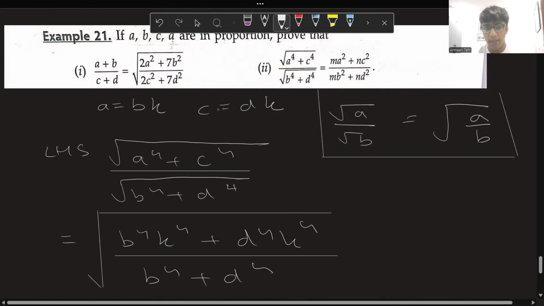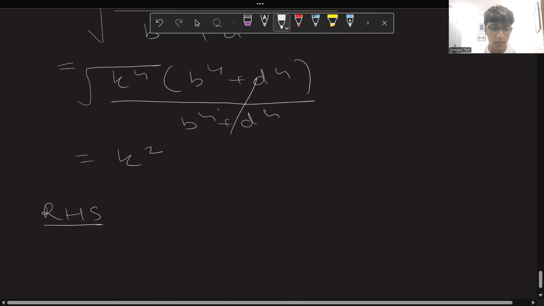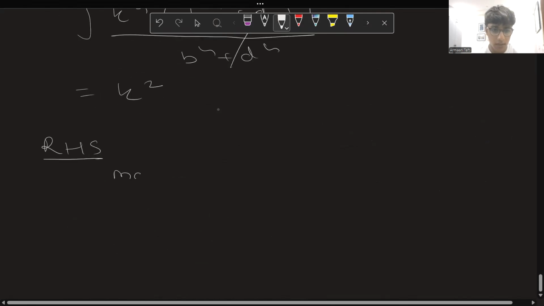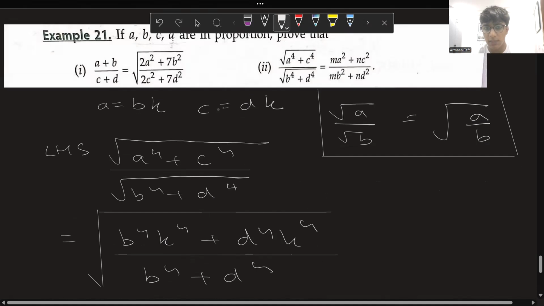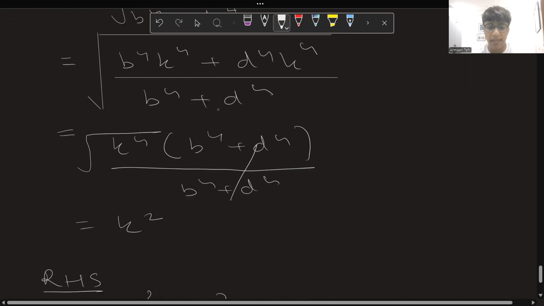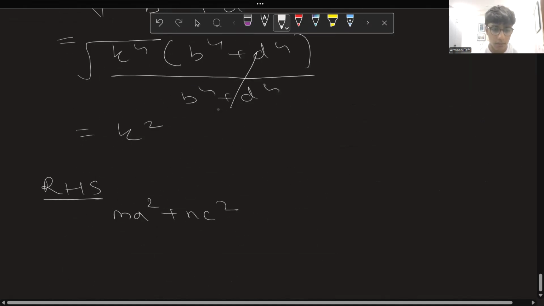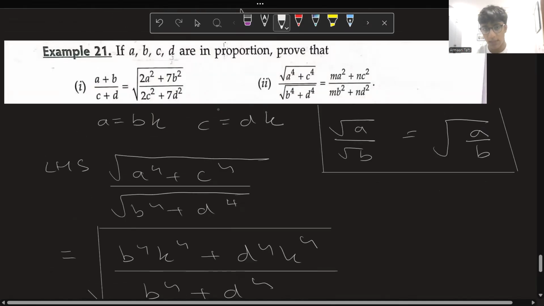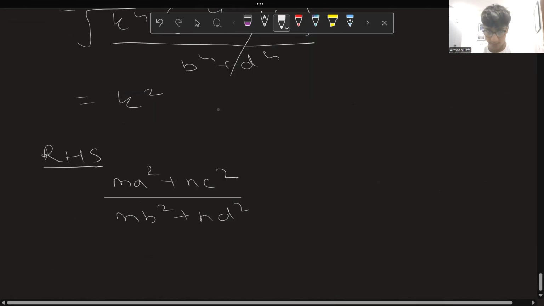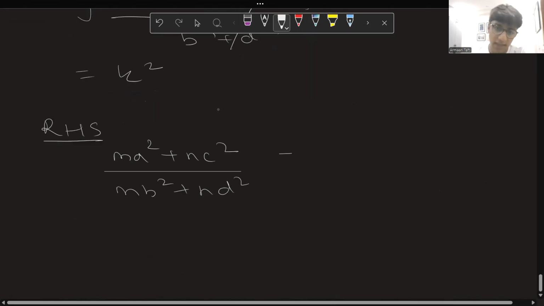It says MA square plus NC square divided by MB square plus ND square, if I'm not wrong. Okay, what is our A equal to?